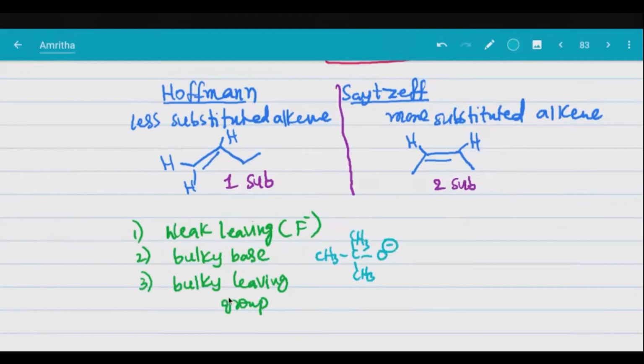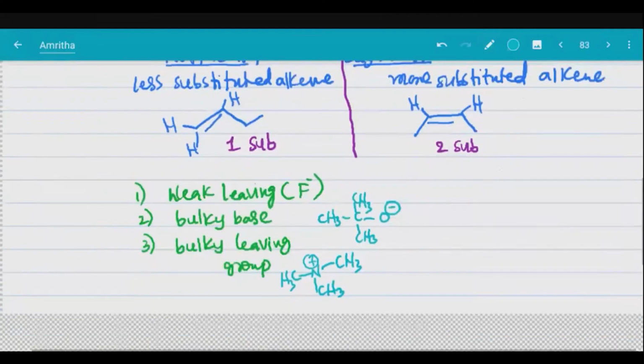So bulky leaving group is, see, this is the leaving group, N plus methyl, methyl. If this is the leaving group, then in those cases the Hofmann product is major. But in all the rest of the cases, Saytzeff. So in these 3 cases, we get Hofmann.